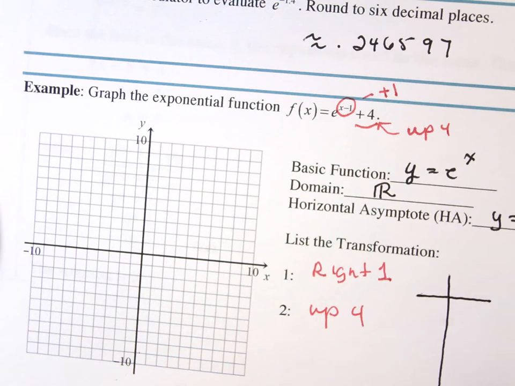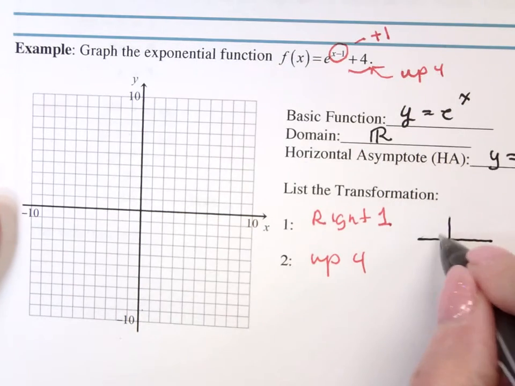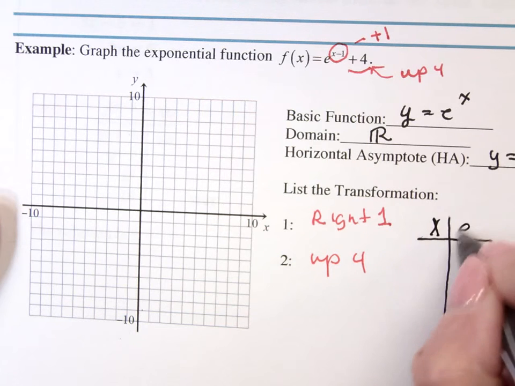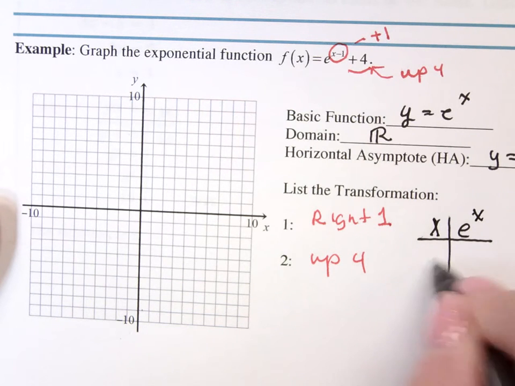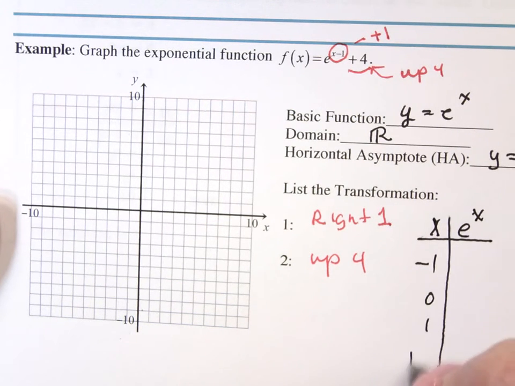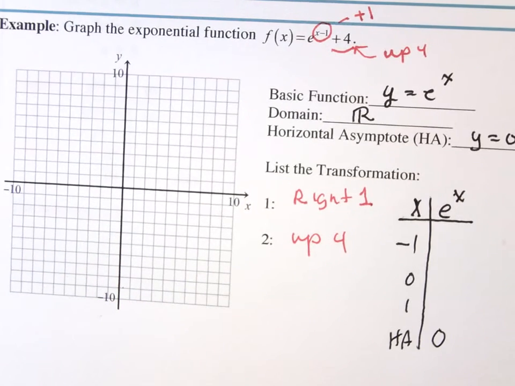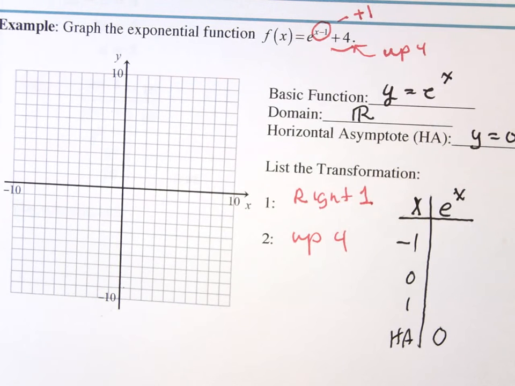So draw my t-bar chart, and then x, and then e to the x. So negative 1, 0, 1, HA at 0. That needs to be included. e to the negative 1.